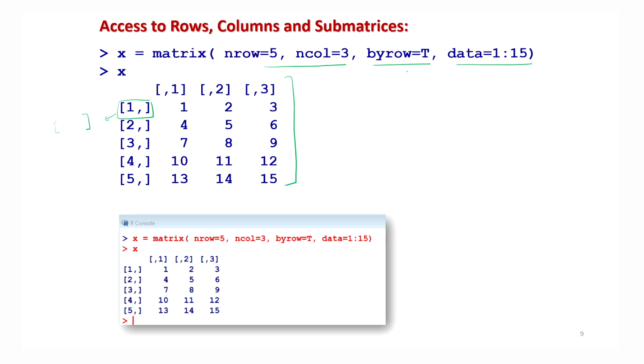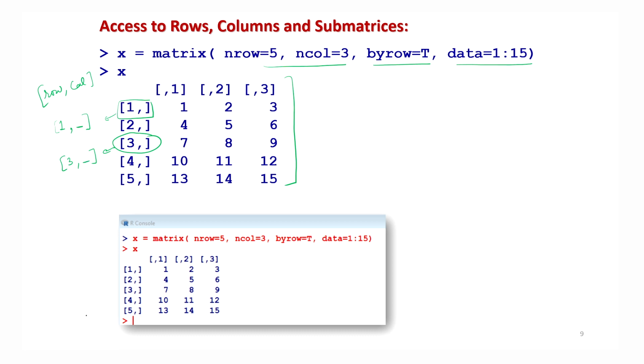Our rule is that we write down the row first and then the column. So for the first row, here it is 1, then a comma, and then blank. Similarly, if you go for the third row, this will be square brackets 3, that means third row, and then blank.